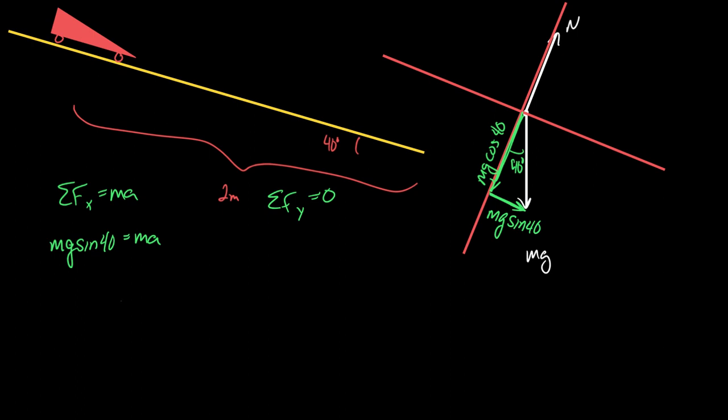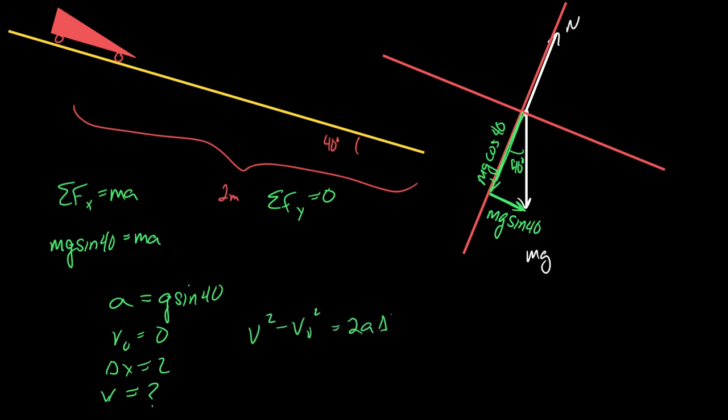And I can find that the acceleration equals g sine 40. The initial velocity is 0. Delta x is 2. I want to find the final velocity. I think that's about it. Choose a motion relationship and go with it. I'm thinking probably v squared minus v naught squared equals 2a delta x.